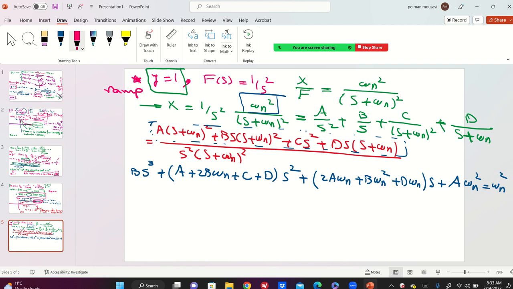So from here, obviously you get a is 1. From here you get b is how much? 0. Because b is 0 and a is 1, you get 2a omega n minus d omega n. A is 1, so it's going to be minus 2.